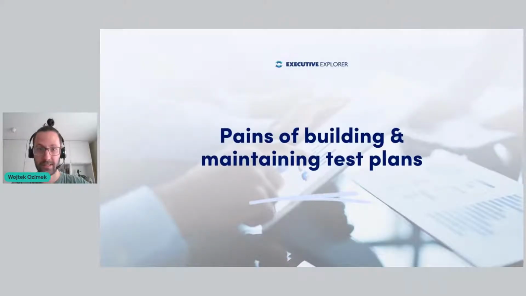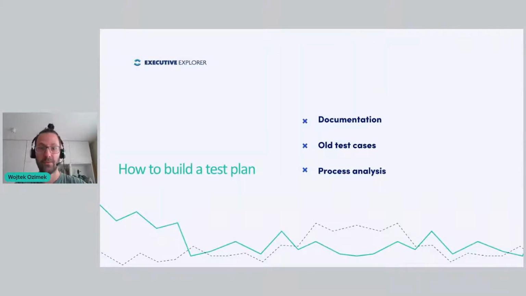As promised, we'll start with issues with building and maintaining test plans. It's probably obvious for everyone who does testing that there can be different sources of information when you build test plans. There can be product documentation or implementation process documentation, and any old test cases if there were any before.